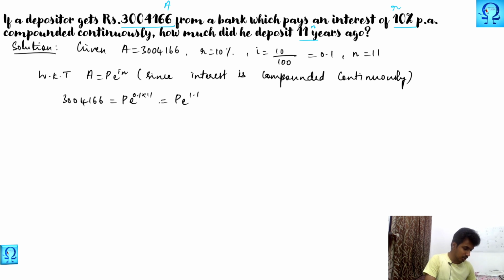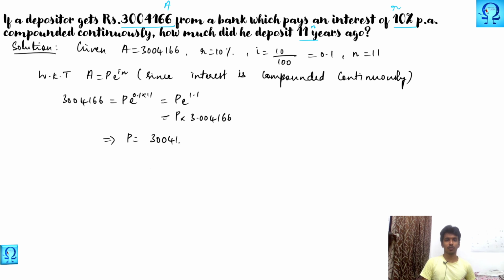0.1 times 11 is simply 1.1. And e power 1.1 is approximately 3.004166, so A is P times 3.004166. If we need the P value, that is 3,004,166 upon 3.004166.